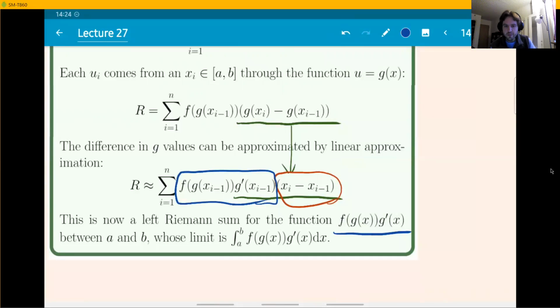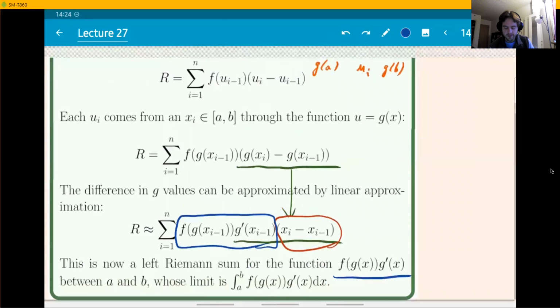What is that? That is a Riemann sum done in the interval of the x's, which is the interval a b, for the function f of g of x times g prime of x. So that this Riemann sum here approximates this integral, which is exactly where we wanted to get, right?